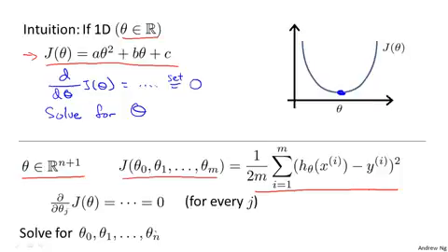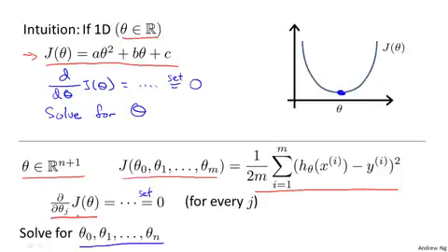Calculus actually tells us that one way to do so is to take the partial derivative of J with respect to every parameter theta j in turn, and then to set all of these to 0. If you do that and you solve for the values of theta 0, theta 1 up to theta n, then this will give you the values of theta that minimize the cost function J.